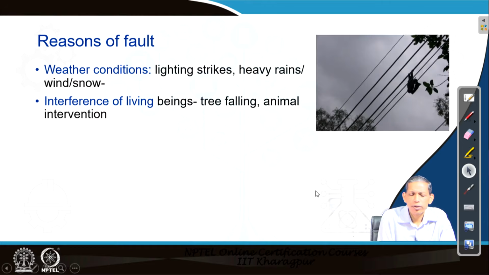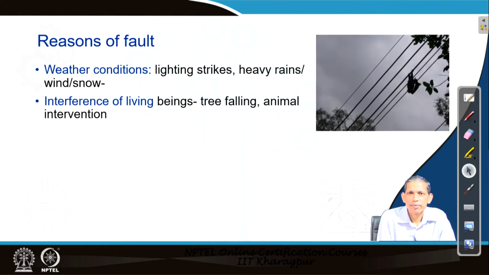There are different reasons for faults. Let us categorize them. In that case, weather conditions, bad weather conditions, like let us say a storm comes in an area, snatches live power lines, that results in a fault situation.